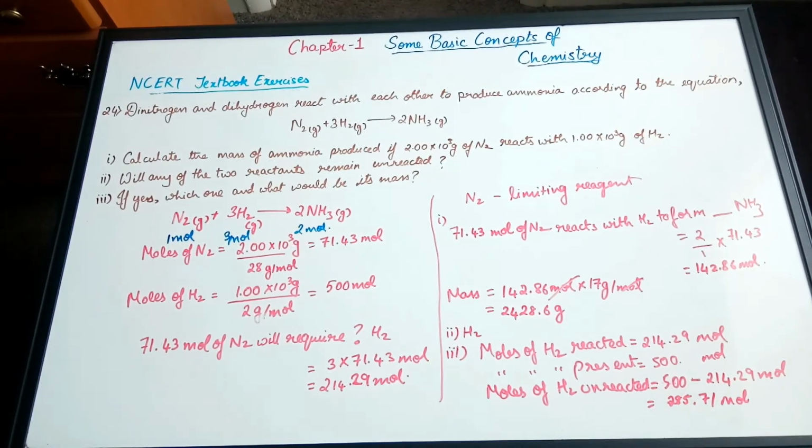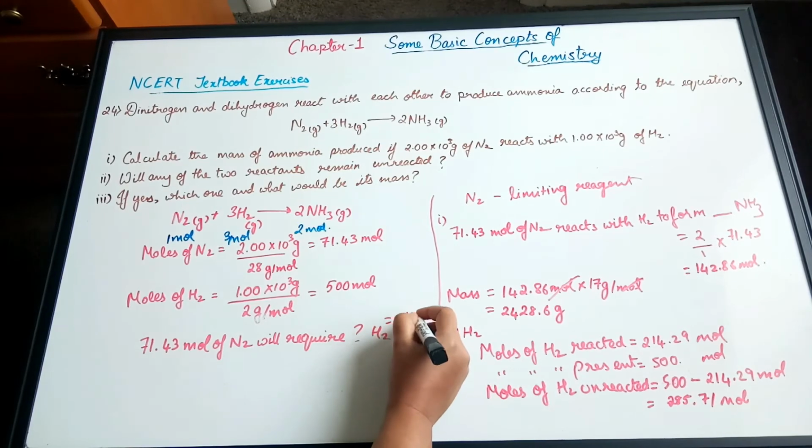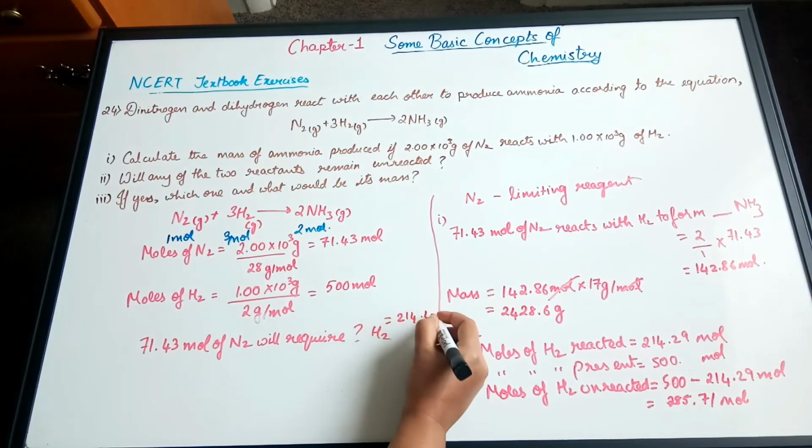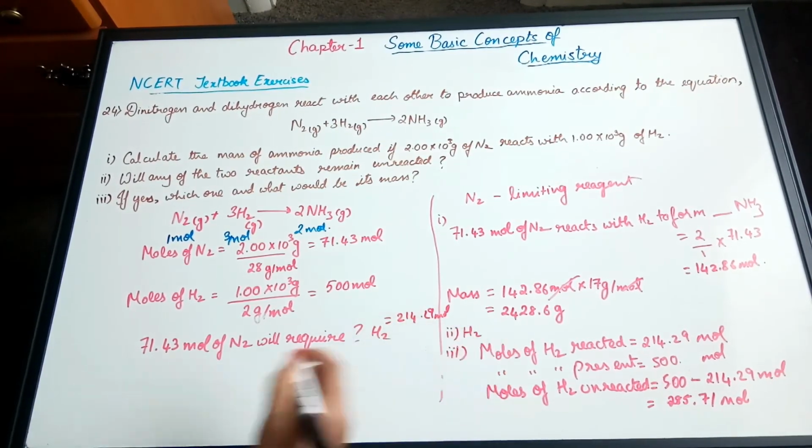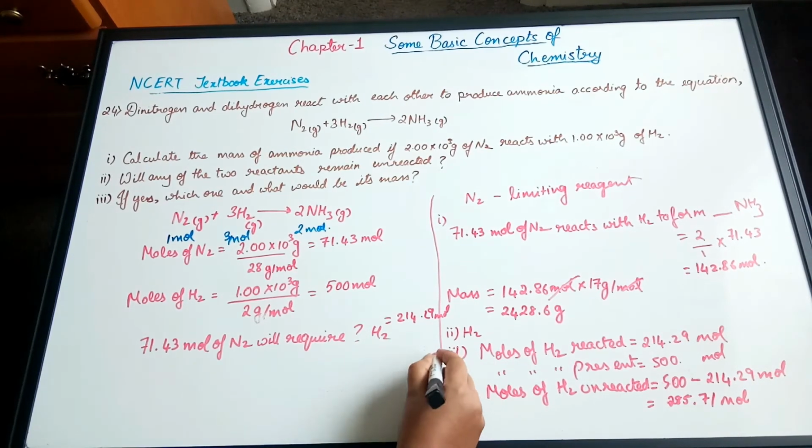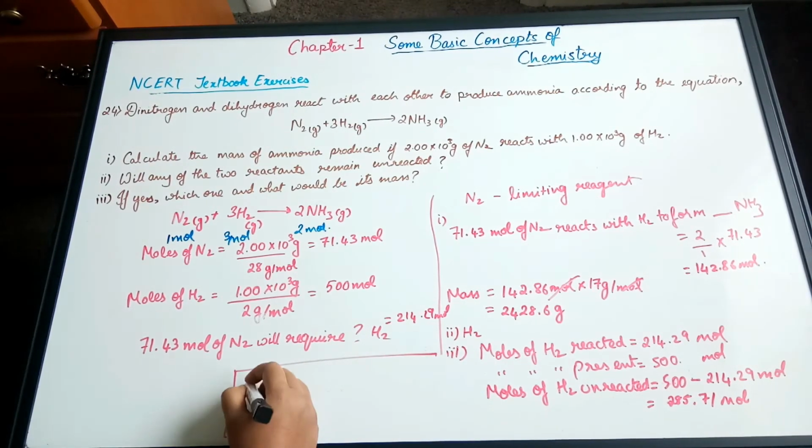So we've calculated the number of moles of hydrogen which is unreacted. I'll just erase this and write 214.29 moles over here. So we have calculated the number of moles which is unreacted.